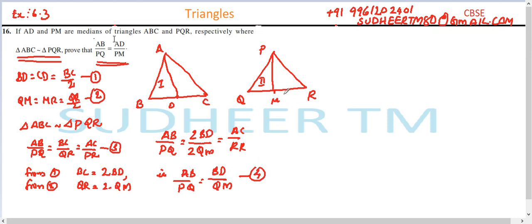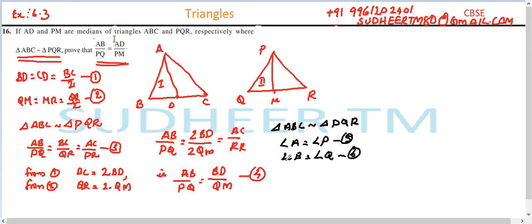Also here it is given triangle ABC is similar to triangle PQR. So we have corresponding angles equal. So we have angle A is equal to angle P, angle B equal to angle Q. Let it be equation number 5, equation number 6. Here we want to use equation 4 and equation 6.